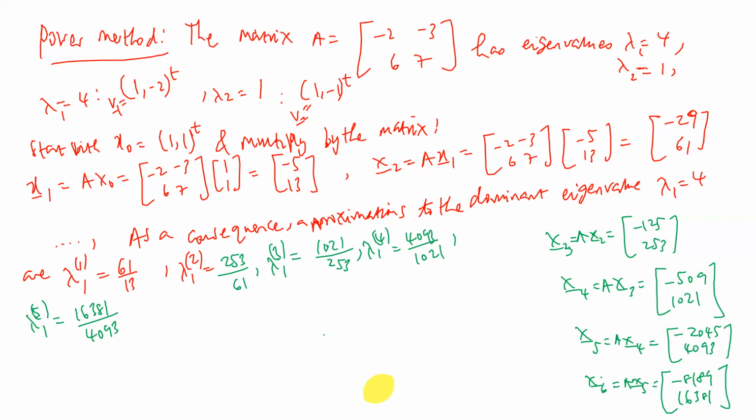Look at what we're doing here. We're dealing with the most dominant one, and we started with 1, 1, like in the problem we're doing. The next thing is we took 13 and 61, and divided 61 by 13.